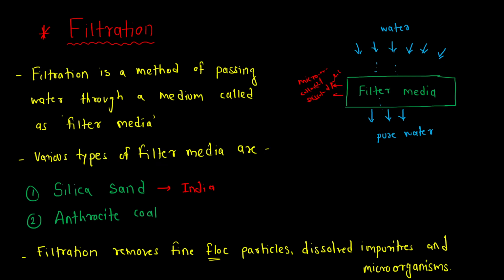Now if there are two to three filter media, then based on that the names of filters are given. If there is one filter media, then it is called a single media filter. If there are two media, then it is called a double media filter. And if there are more than two, then it is called a multimedia filter.